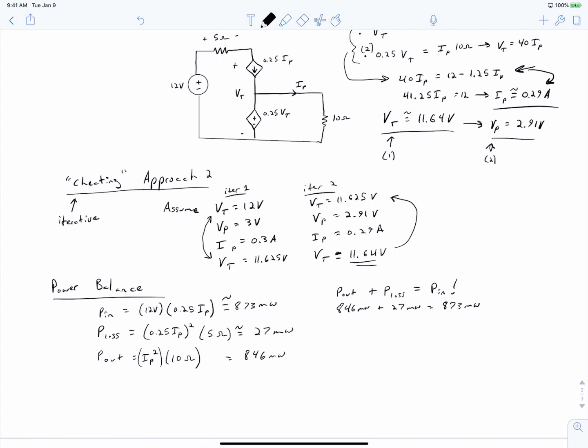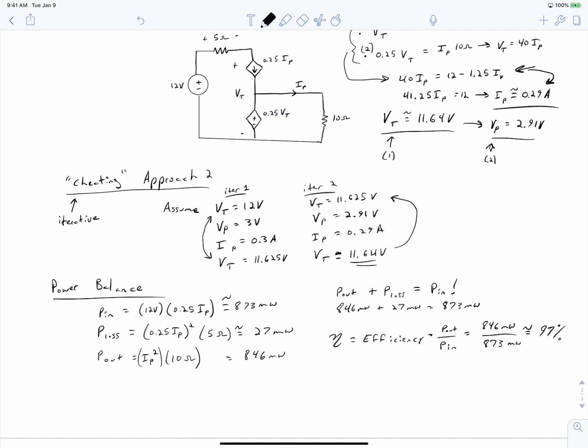So that's true. Next, we talk about efficiency. It's represented by the Greek letter eta for some reason. Efficiency is equal to our output power divided by our input power, which gives us an efficiency of approximately 97%.